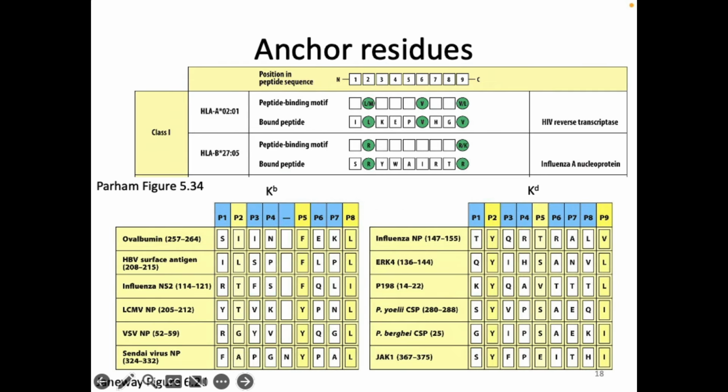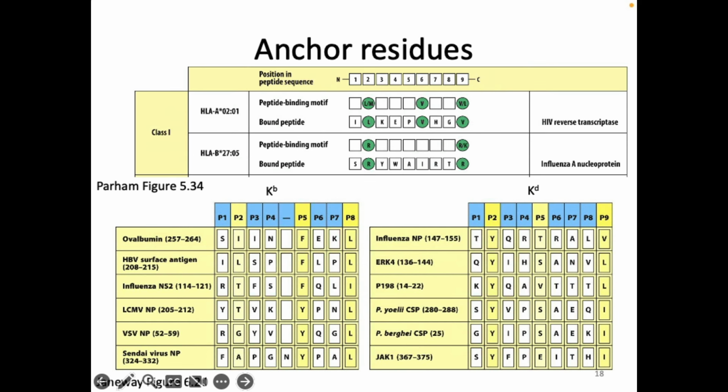And so for any particular MHC class 1 molecule, we can name anchor residues. So in order to bind to HLA-A201, you must have an L or an M at position 2, a V at position 6, and a V or an L at position 9.